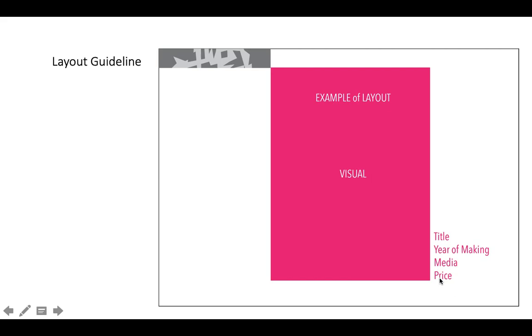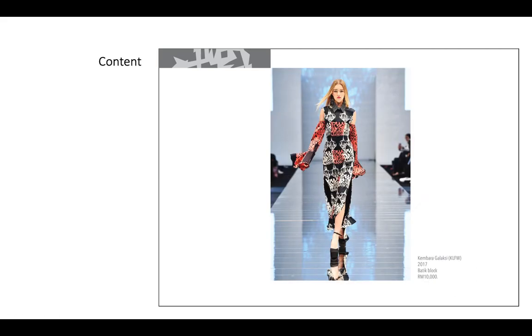All right, so let's see how it looks if we insert a real image. This is an example of my Kuala Lumpur Fashion Week show in 2017, and the title is called Kembara Galaxy.